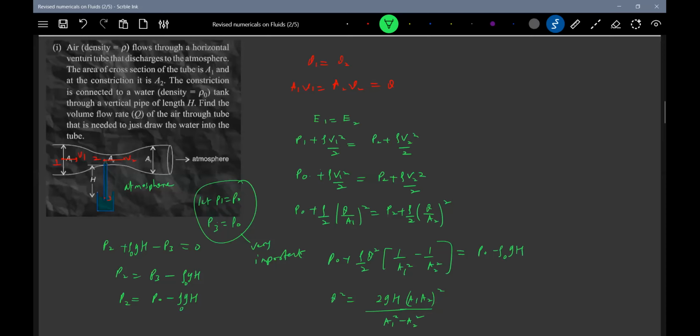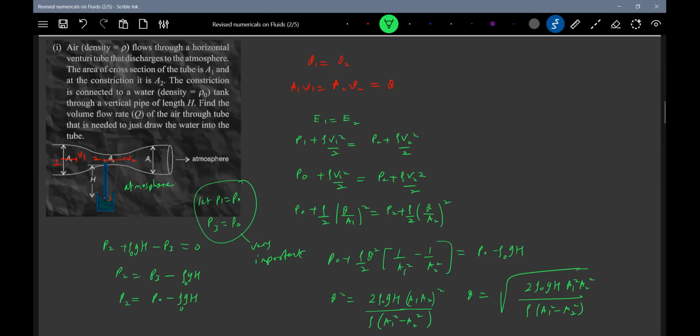Rho naught, I think this will not get cancelled. In Q square, P naught gets cancelled. So the value of this will be 2 rho naught GH by A1 square A2 square rho.